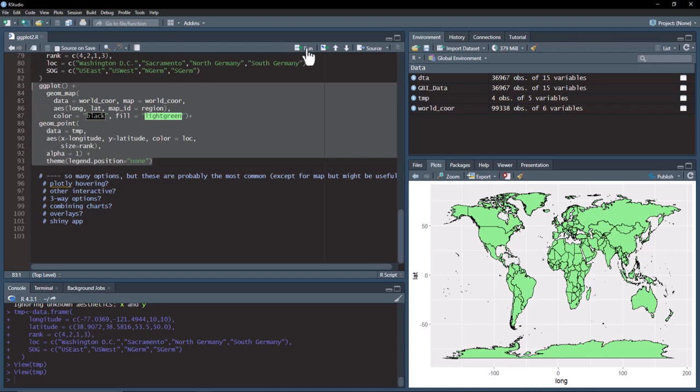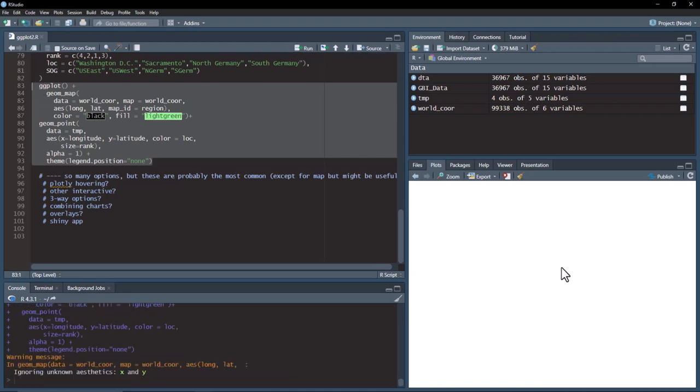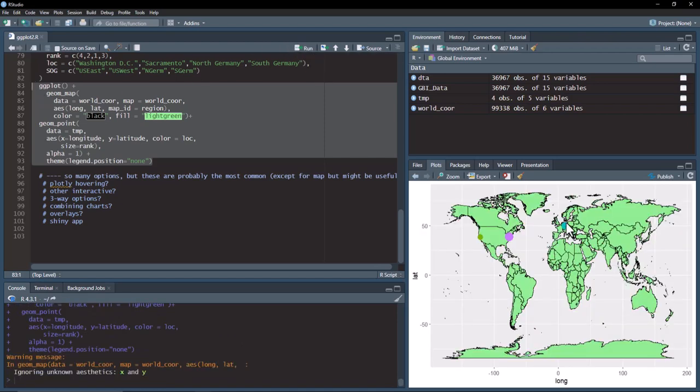So if we plot this now, it's going to do the same thing, and it just gives us some spots here. So notice the largest here, US East, North, well, I don't know why it has this, but the Germany's here, you can kind of see this one, and then the smaller one here for US West.